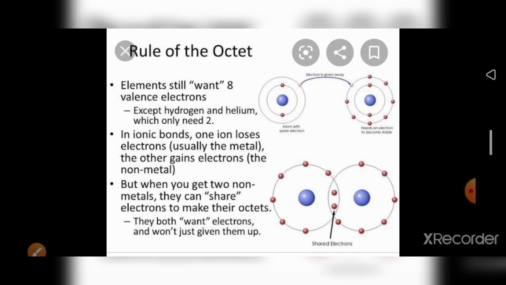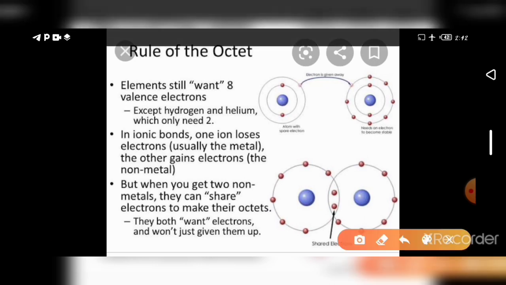All the remaining elements need 8 electrons in the outer shell to get a stable electronic configuration. In ionic bonds, one atom loses electrons and the other gains electrons. But in covalent compounds, the electrons are shared in the outer shell.